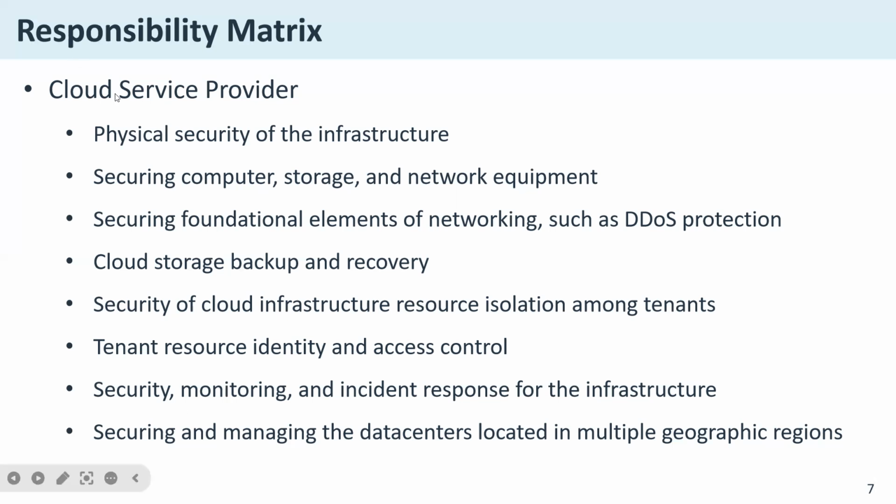So it is the cloud service provider's responsibility to isolate all of the tenants, all of the companies that are using it, just like in real estate, right? You have tenant 1, tenant 2, tenant 3, and they're all going to be using one facility.